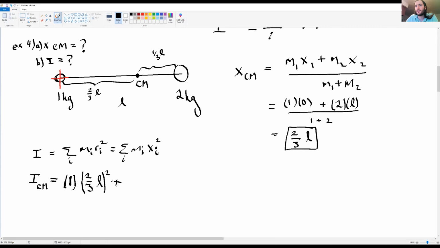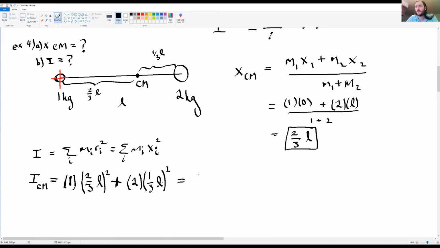plus, my mouse is really giving me trouble. Plus 2 kilograms times, what's the distance from the center of mass for the 2 kilogram mass on the right-hand side? It's 1/3 L. So 1/3 L here. We have to square those.